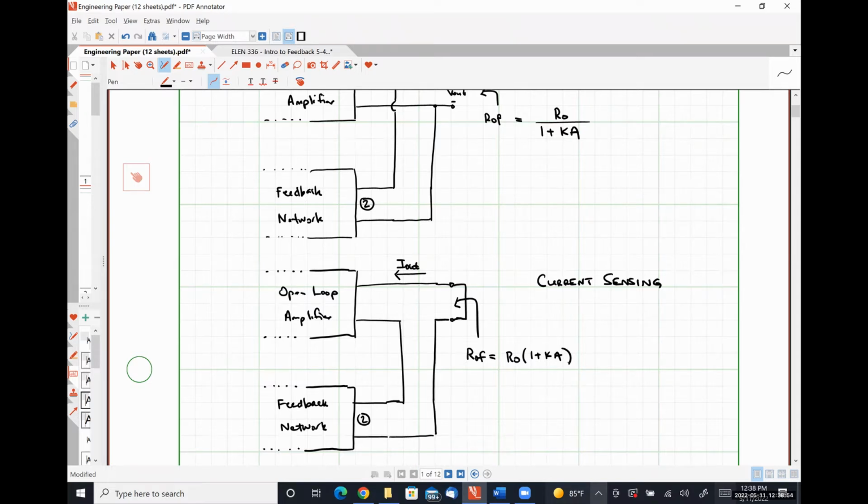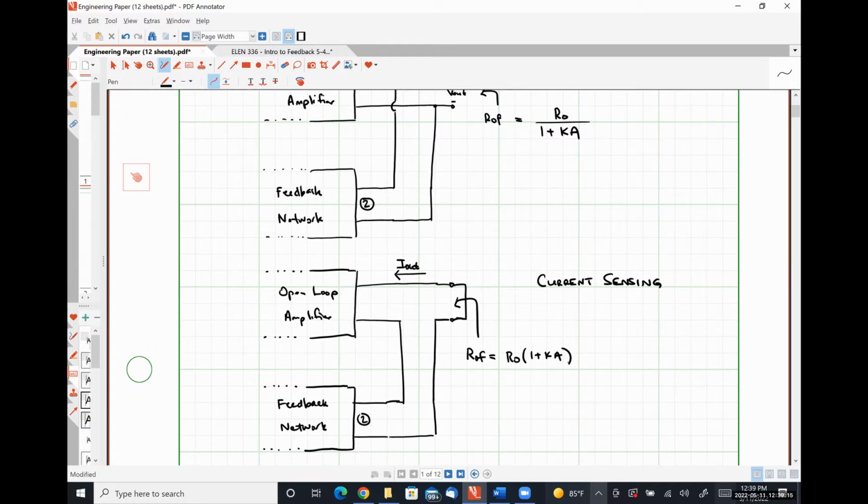Okay. So these are our two options for how we sense signals, right? Anytime we want to sense a voltage signal, we connect the feedback network in parallel. Anytime we want to sense a current signal, we connect the feedback network in series to the output stage of our open loop amplifier.